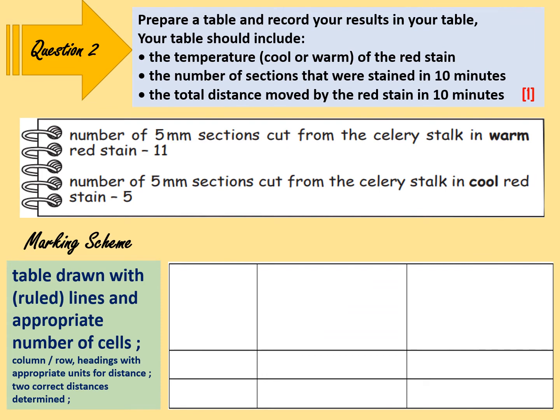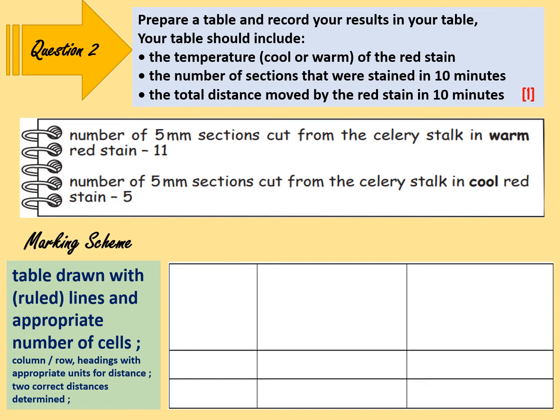The second possible question is related to the data calculations. Prepare a table and record your results in your table. Your table should contain the following information: the temperature, cool or warm, of the red stain, the number of sections that were stained in the 10 minutes, and the total distance moved by the red stain in the 10 minutes.